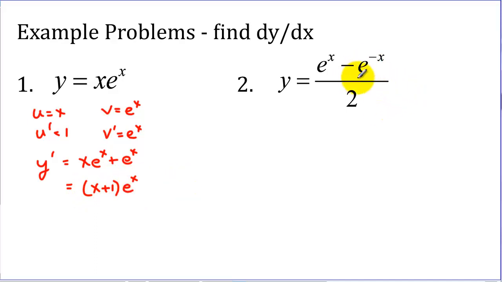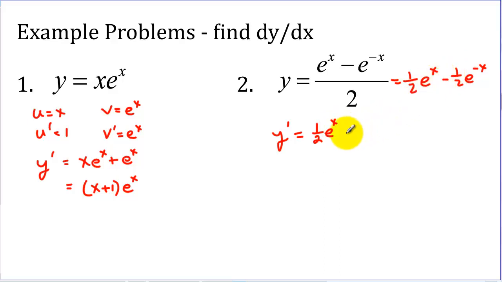Now let's look here. Some of you might be thinking it's the quotient rule, but we could divide out. So we have 1/2 e to the x minus 1/2 e to the negative x. So we don't need a product rule or quotient rule. We just use our sum rule here. So the derivative of the first part is just 1/2 e to the x.